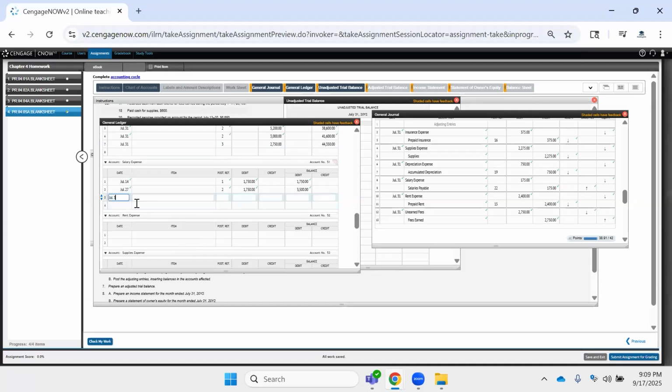And then salary expense that increased by another $175 to 3,675. Our rent expense, 2,400.